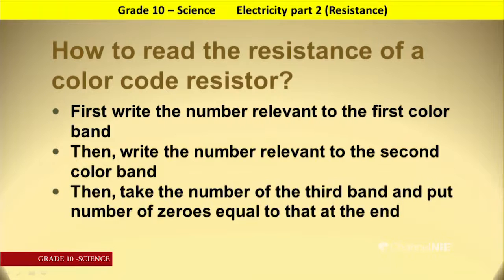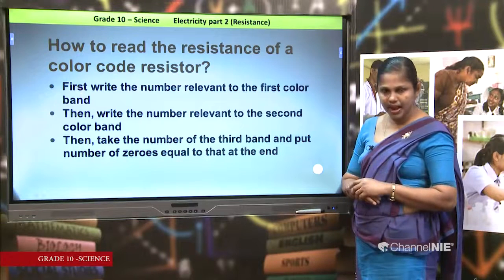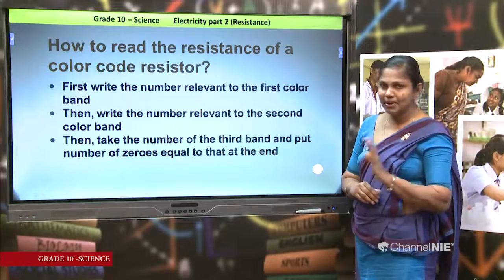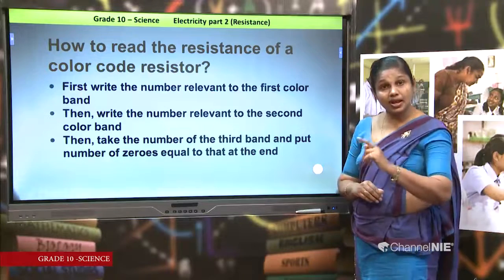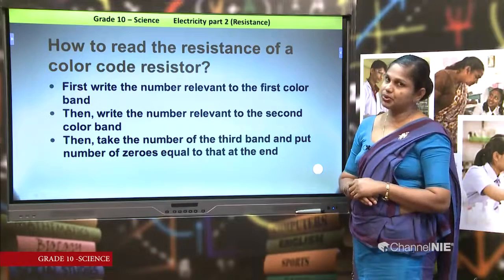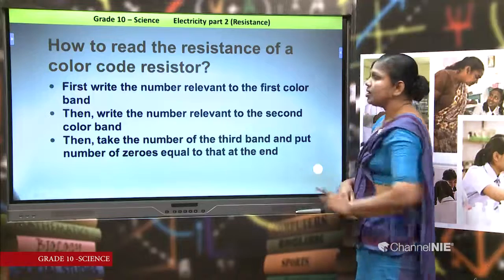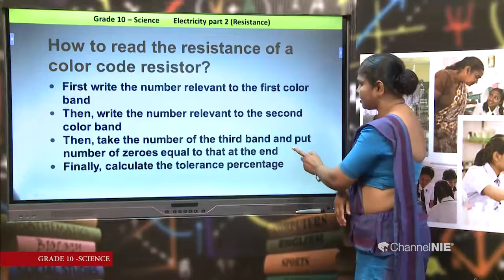Third, we have to find the color of the third band and get the number relevant to it, and not write the number, but put an equal number of zeros at the end. Wait, children, I will explain how to do this.